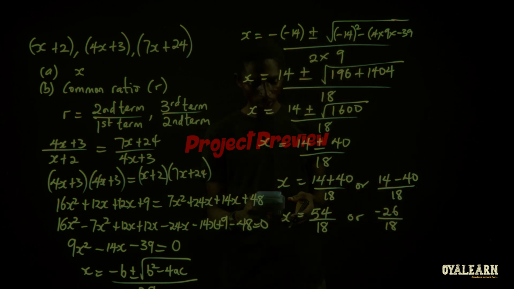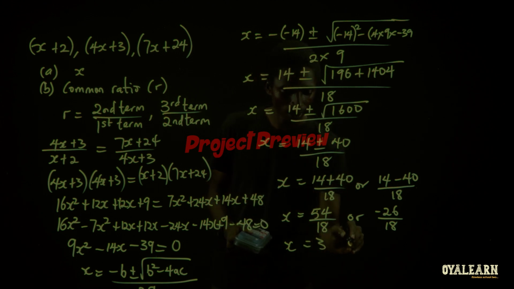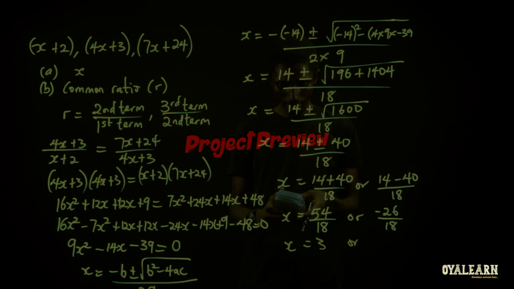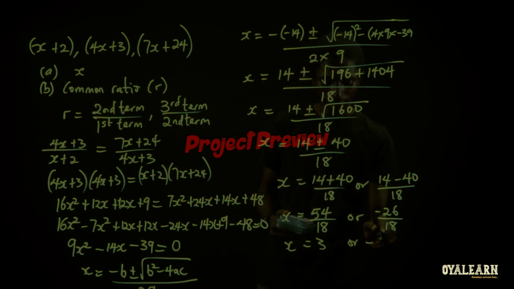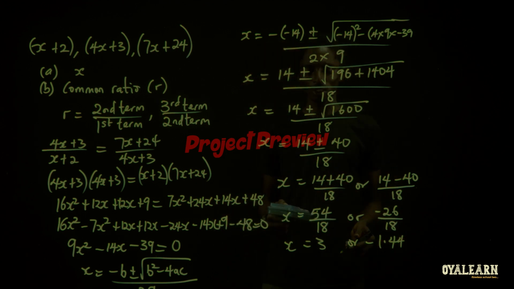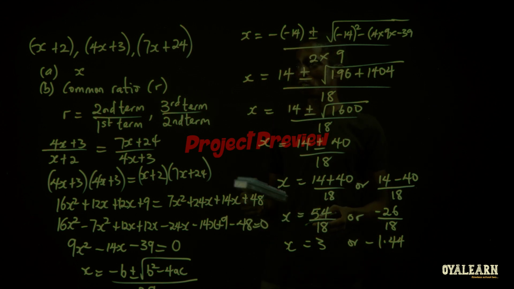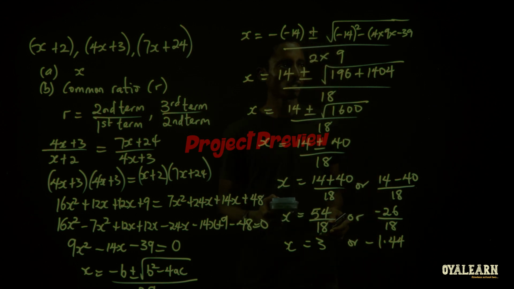So when we work with either of these values of x, our x equals 3, or on the other side, where we have negative 26 divided by 18, negative 1.44. Now remember, x cannot be a negative answer in this case, so we go for x equals 3. Now we can then use this to find the value of our common ratio.